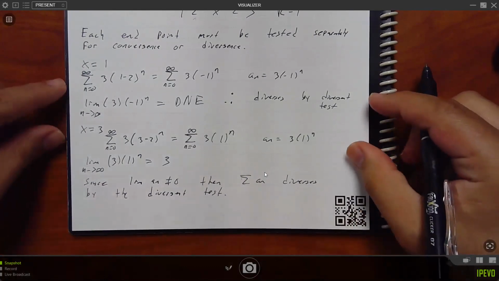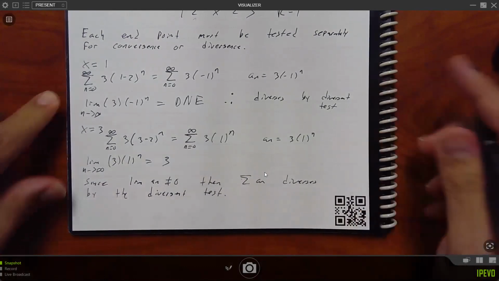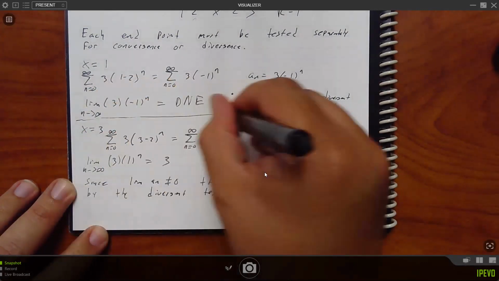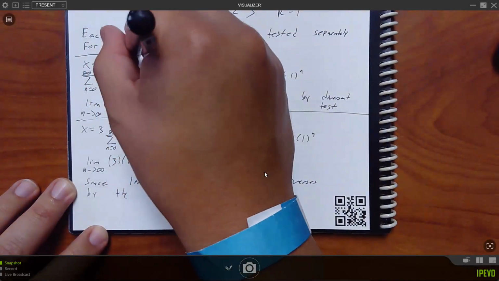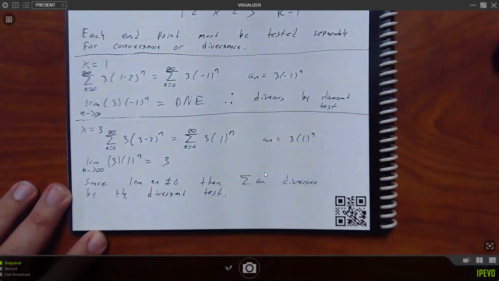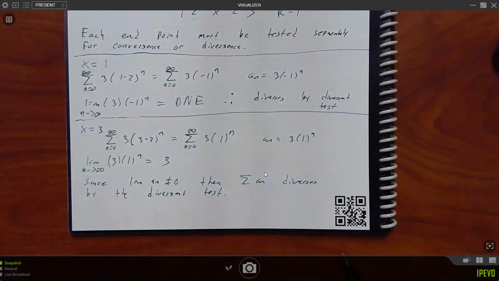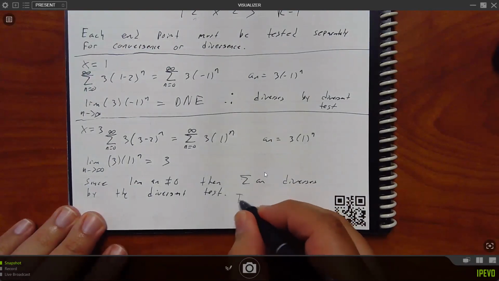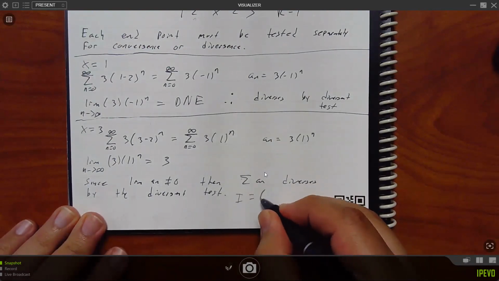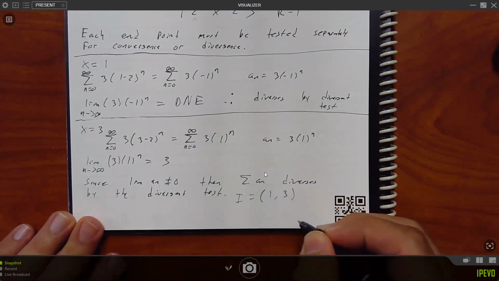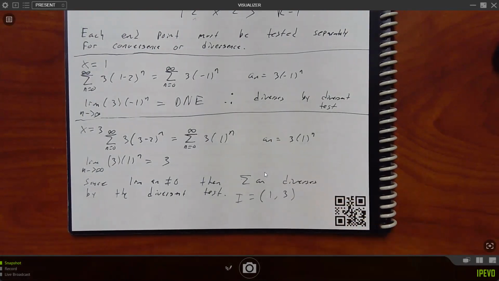So that's what I did over here. I just didn't write it very well. Okay, so this is 2 parts here. So now we know the interval of convergence, even though they didn't technically ask for it. I might as well do it now because they're going to ask. The interval will be parentheses 1 to 3, not brackets. If I would have plugged it in and they converged, then you would put a bracket on one or both. That makes sense?